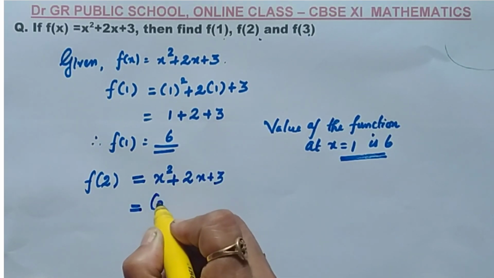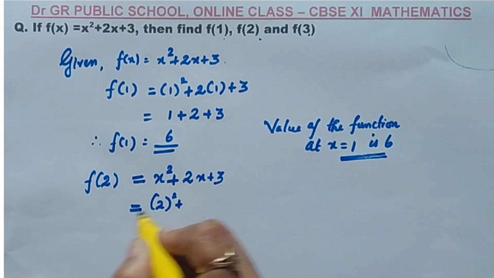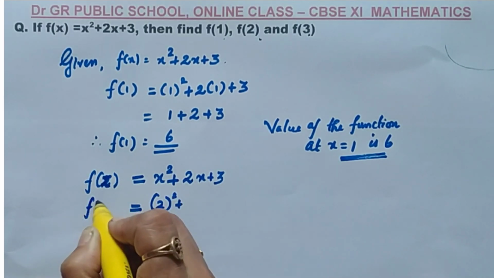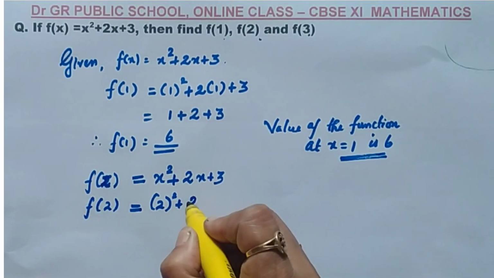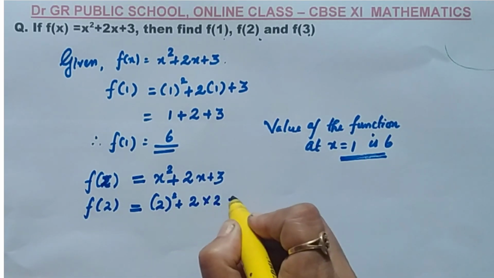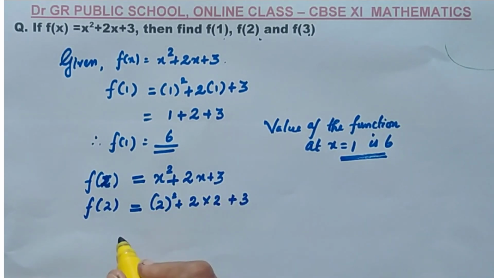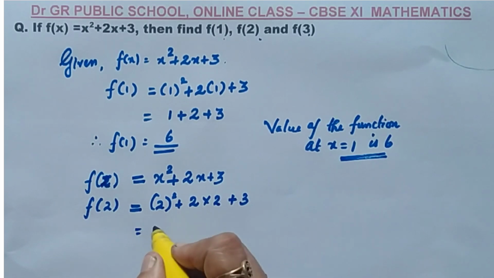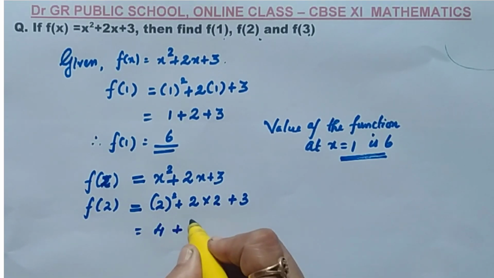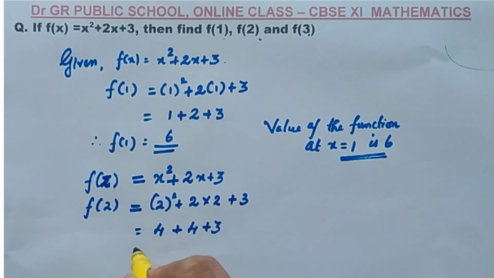So, f(2) equals 2 square plus 2 into 2 plus 3. Replace all the x with 2: 2 square is 4, plus 4, plus 3, which is 11. So, you can say that the value of the function at x equal to 2 is 11.